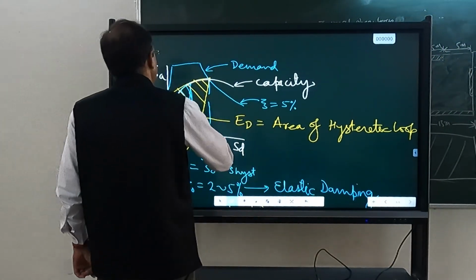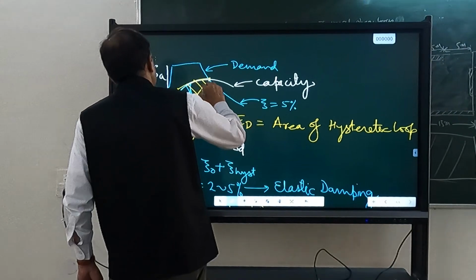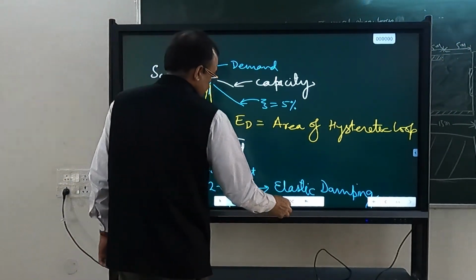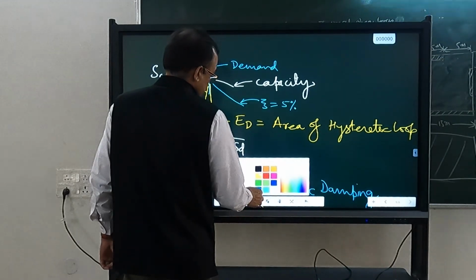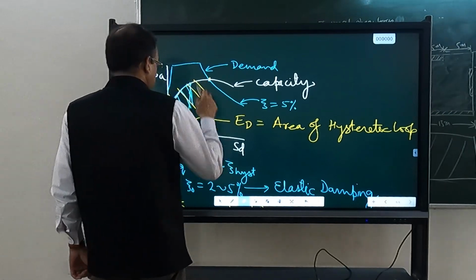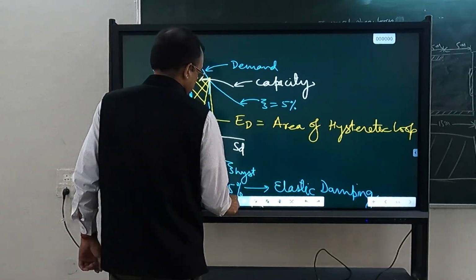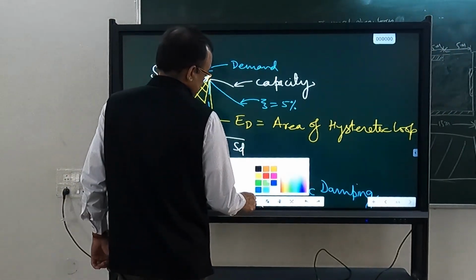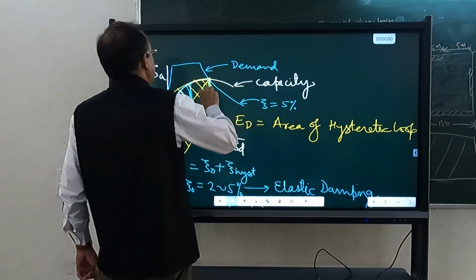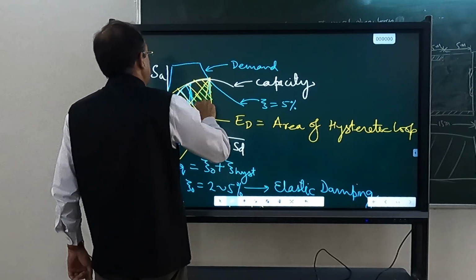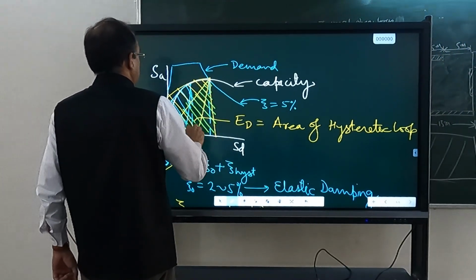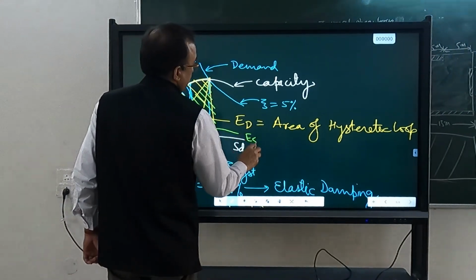If you join this point with a straight line, then this area, this is ES.